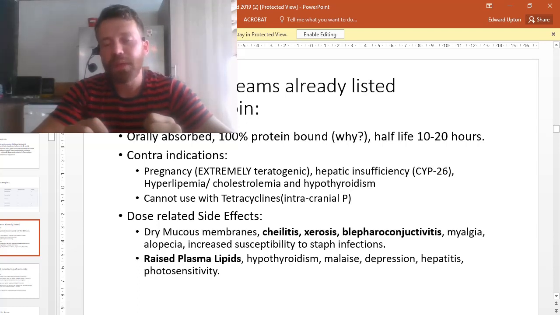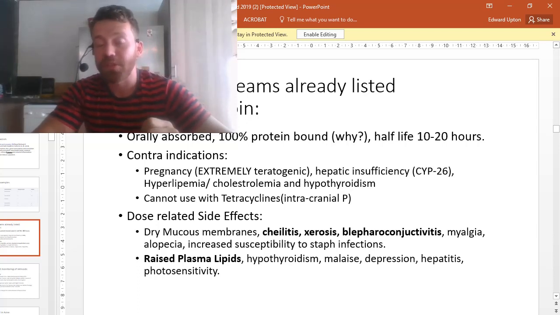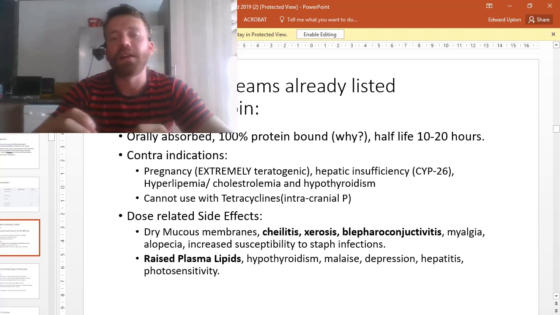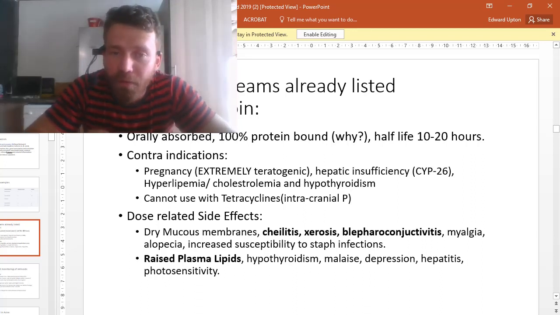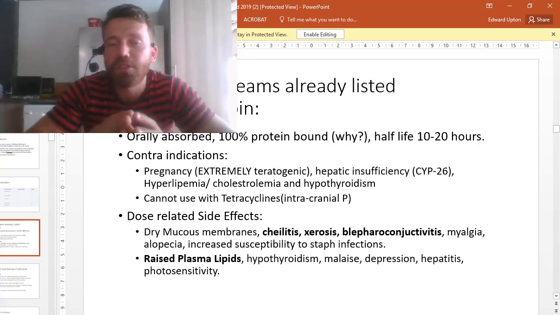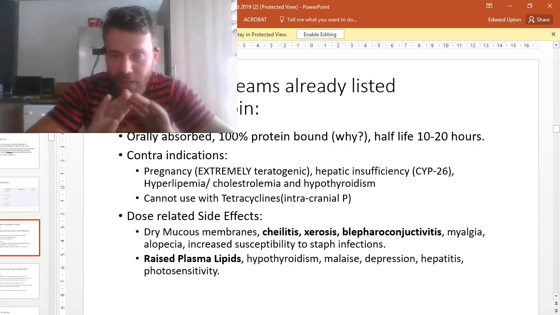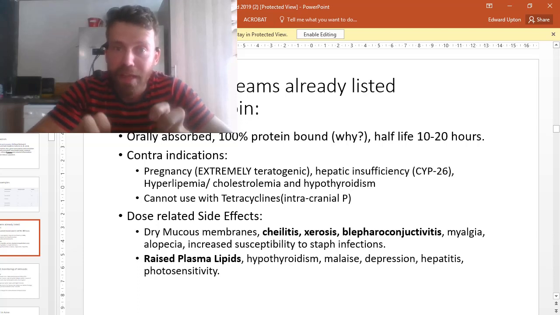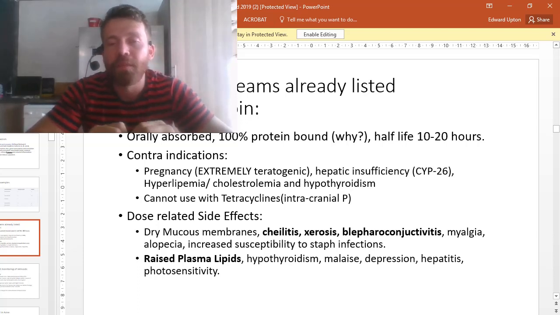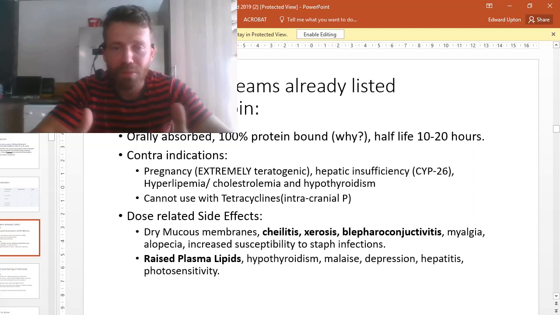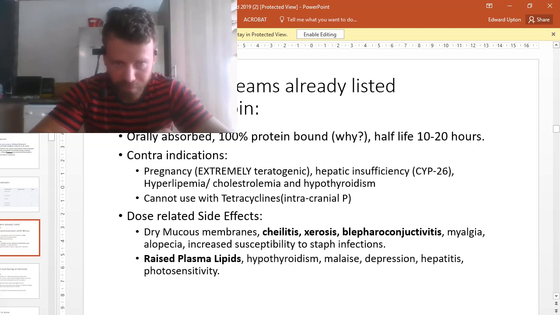So if people then start taking tetracyclines because it works so much faster for them, and they actually have both of these drugs in the systemic circulation, you have a big risk of getting an increase in the cranial pressure, which could be deadly. So definitely something to check out for, especially if people were using antibiotics for their acne, because the antibiotic they were using was most likely a tetracycline antibiotic, tetracycline for example.